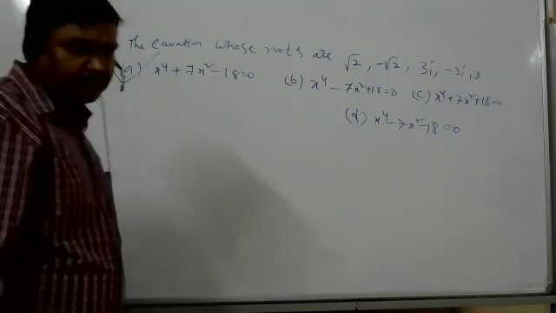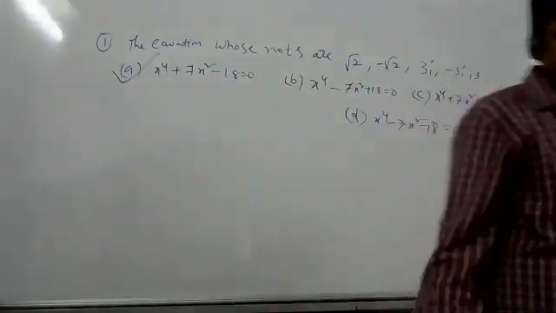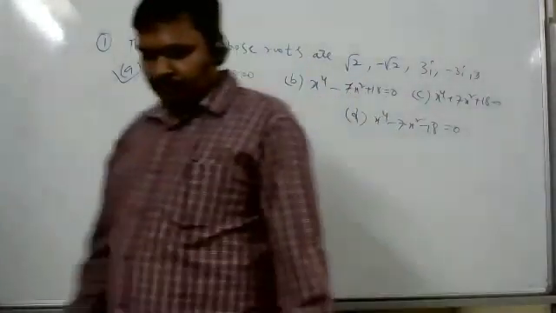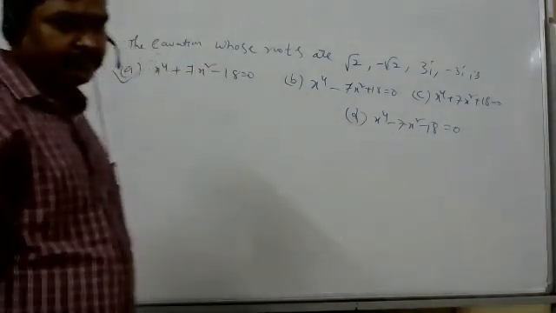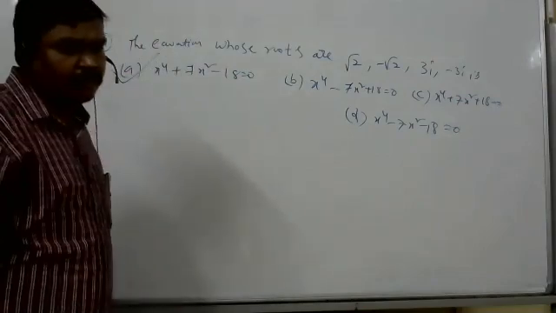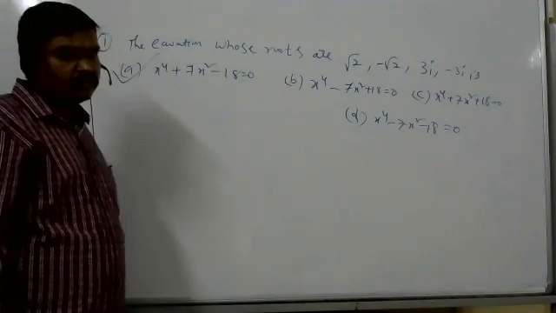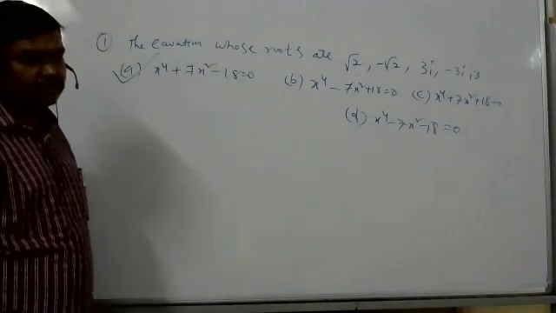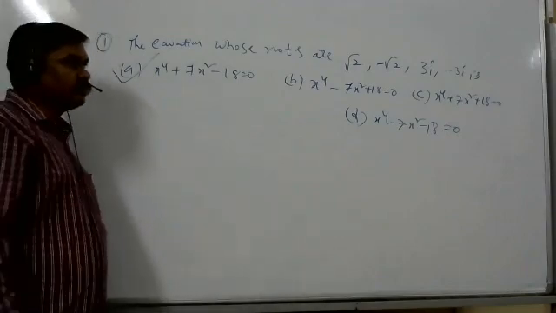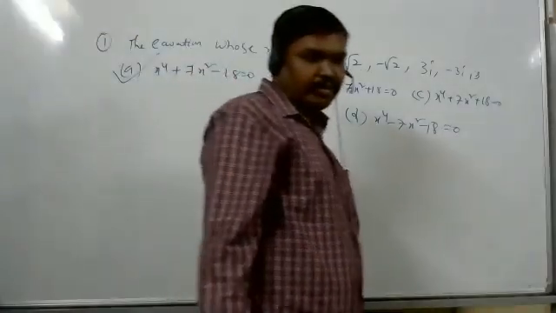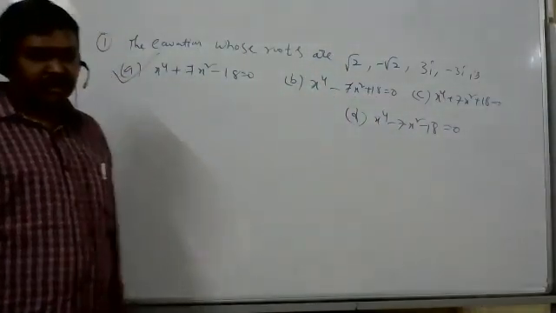Bhargav? Yes, sir. Doing, sir. The equation having roots alpha, beta, gamma, delta: x minus alpha, x minus beta, x minus gamma, x minus delta is equal to 0. That using the direct substituting roots.